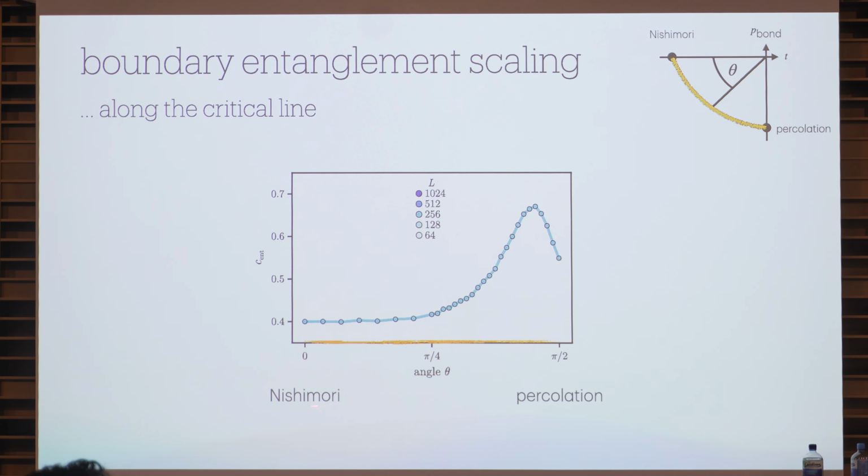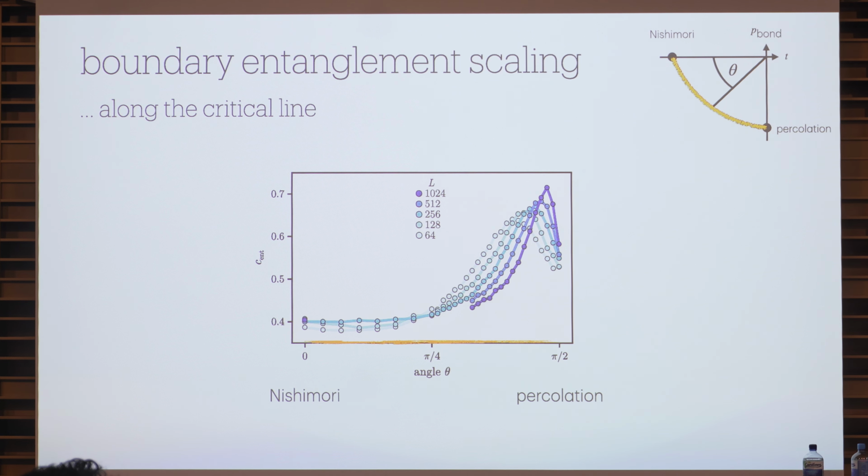So going from Nishimori to percolation, we first stay kind of constant, then we have this peak, and then we drop off to the value at percolation, which is analytically known to be 0.57 something. And if we now plot data for different system sizes, this gets more interesting, because it seems like this peak is shifting towards the percolation point.